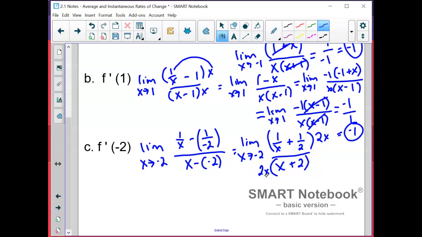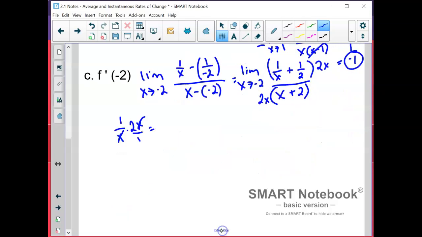And so if we multiply 1 over x times 2x, the x's cancel, and we get 2 over 1, which is just 2. And if we multiply 1/2 times 2x, then the 2's can cancel, and we'll just have x there.